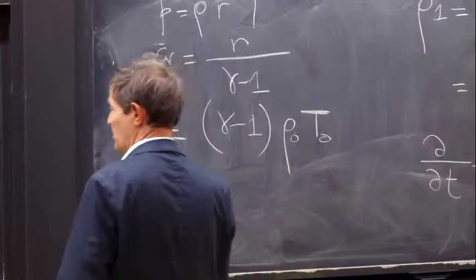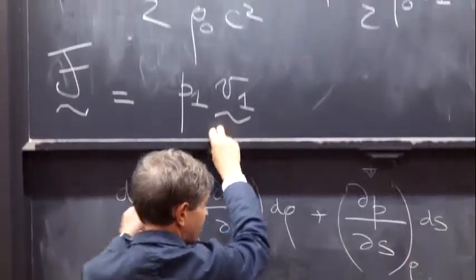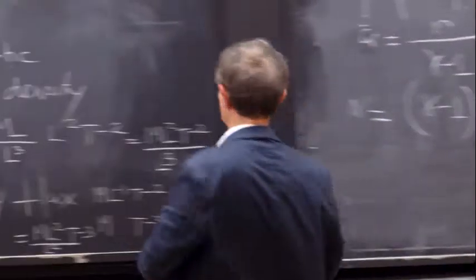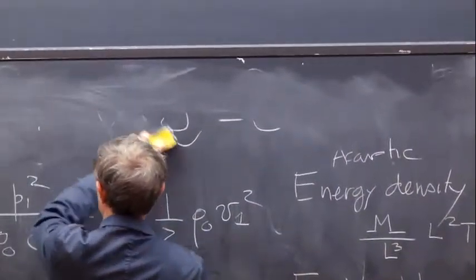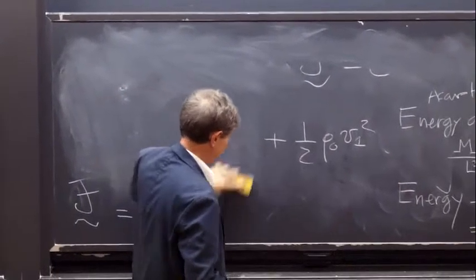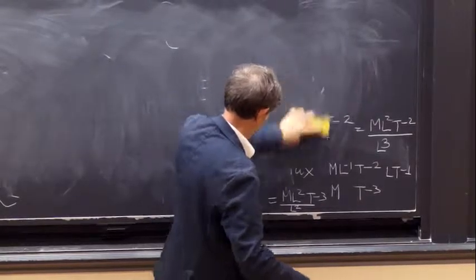So this equation becomes very close to the previous balance equation of mass, but now we have a new term which comes from the equation for the entropy.